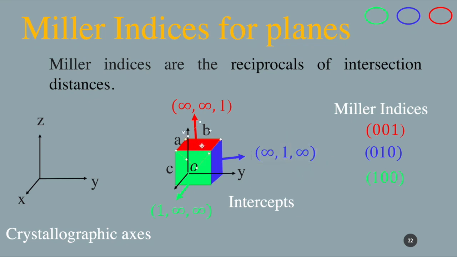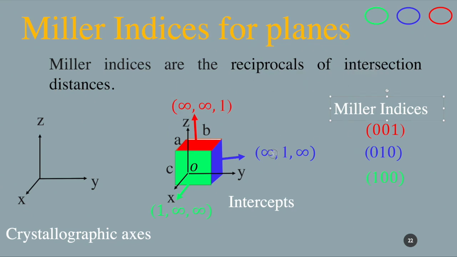Similarly, the red plane is only intercepting in which direction? The z direction. And for the green plane, we have an intercept only in the x direction. Since we have this infinity here, in Miller indices we use the reciprocals of the intersection distances.